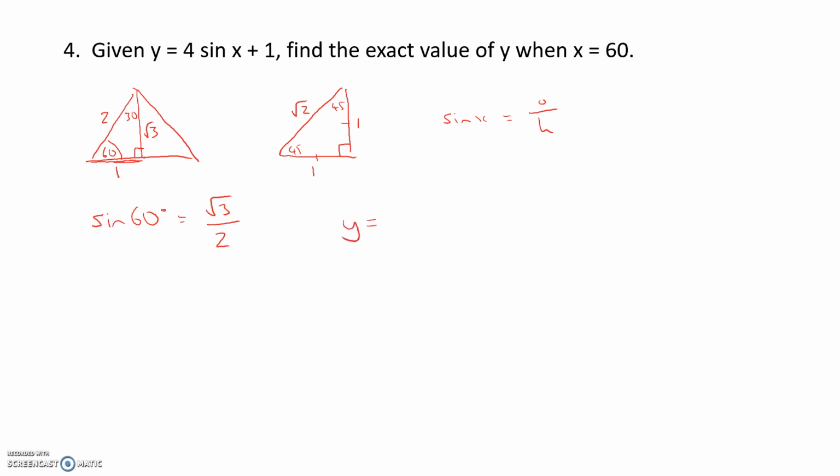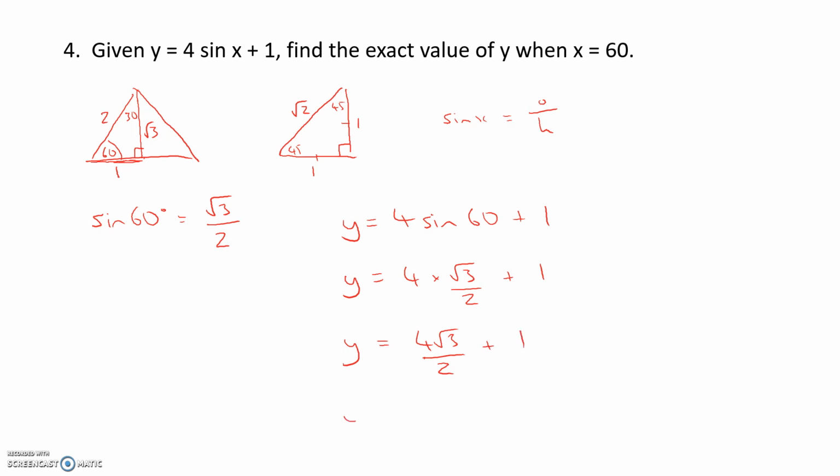Y equals 4 sine 60 plus 1. Therefore y equals 4 times root 3 over 2 plus 1, which equals 4 root 3 over 2 plus 1.